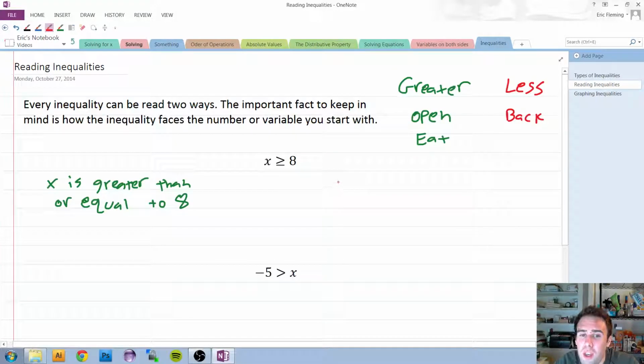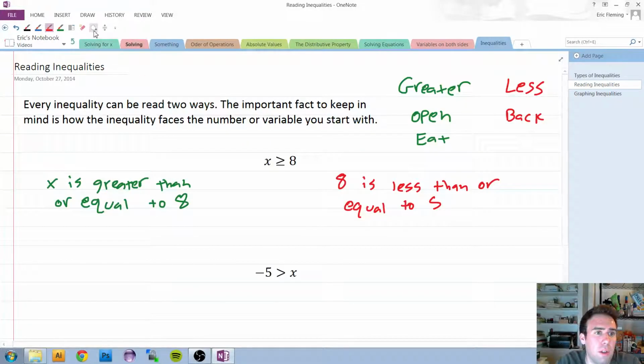So looking at the 8, I'd say, alright, 8, and the inequality is showing its back to me, so that is less than or equal to x. Less than or equal to x.